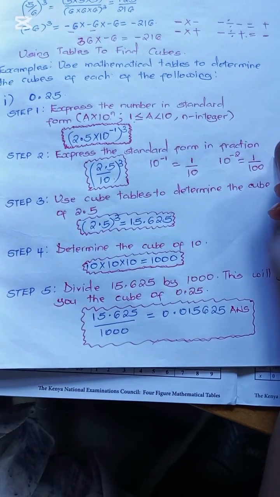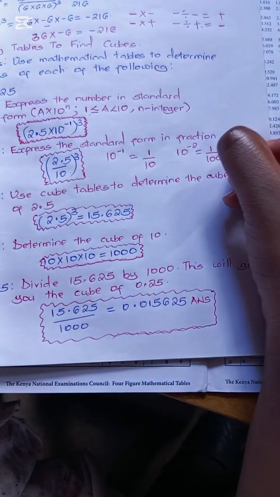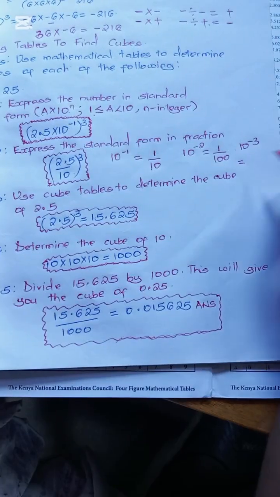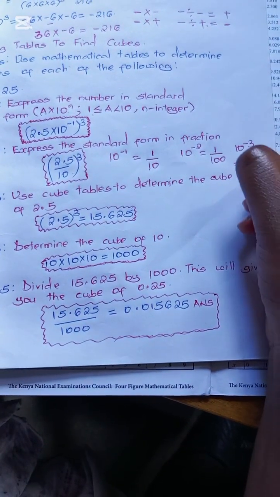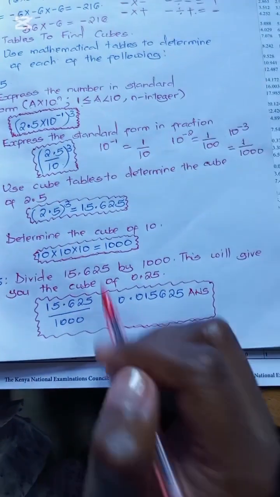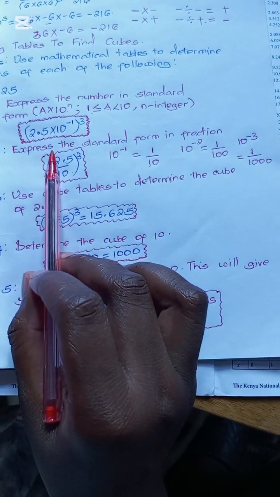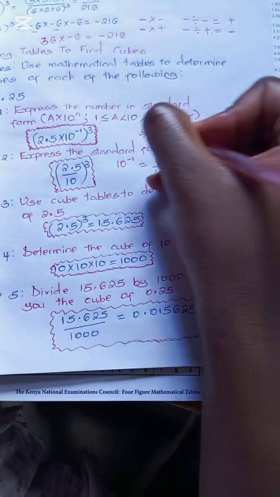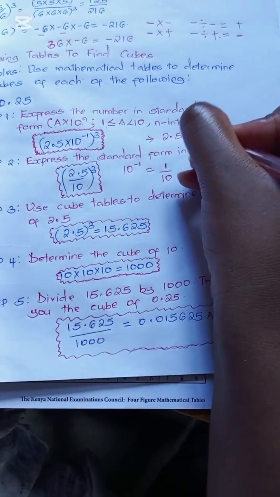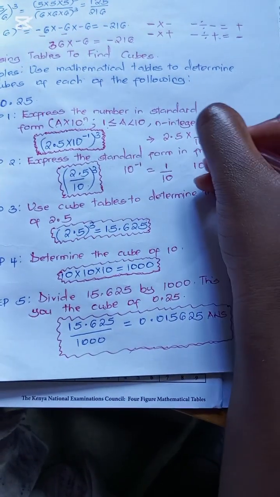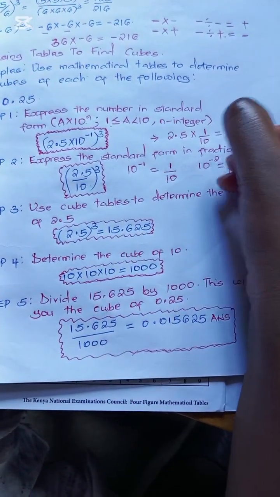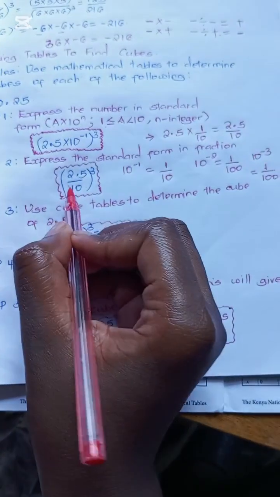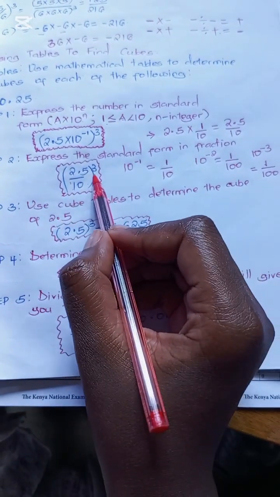If we had 10 power negative 3, this would be equivalent to 1 all over 1000. So if you take 2.5 times 1 over 10, this would be giving you 2.5 all over 10. So this is what we have here. We have to get the cube.